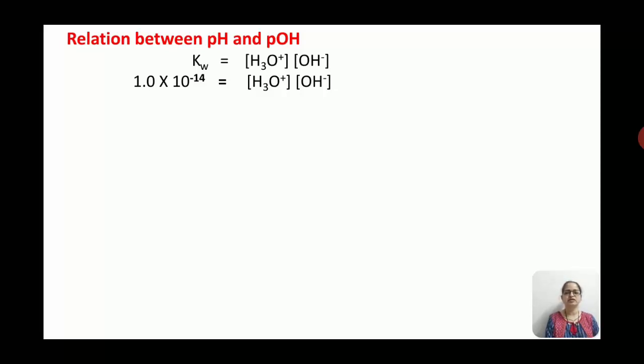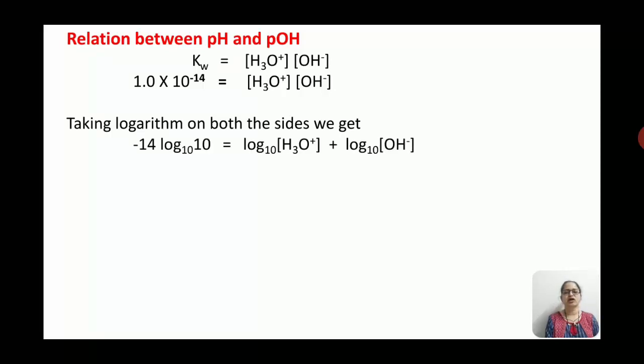Substituting that value in the equation, we get 1 into 10 raised to minus 14 is equal to the molar concentration of hydronium ion multiplied by the molar concentration of hydroxide ion. Now taking logarithm on both sides, we get minus 14 log to the base 10 of 10 is equal to log to the base 10 of the molar concentration of hydronium ion plus log to the base 10 of the molar concentration of hydroxyl ion.